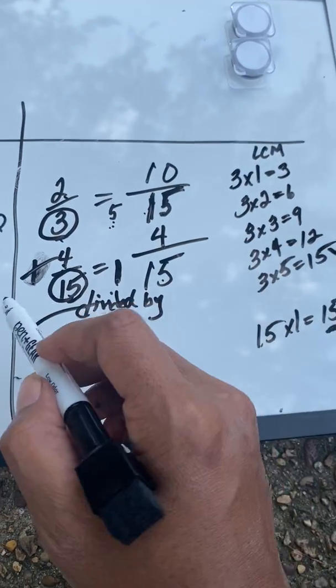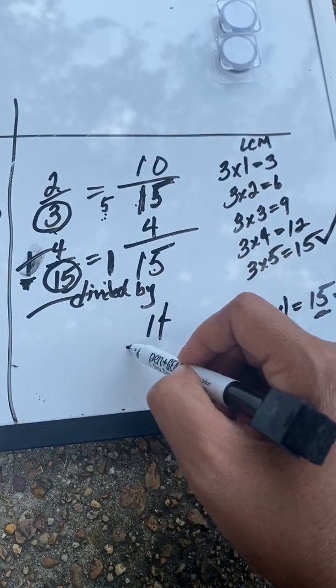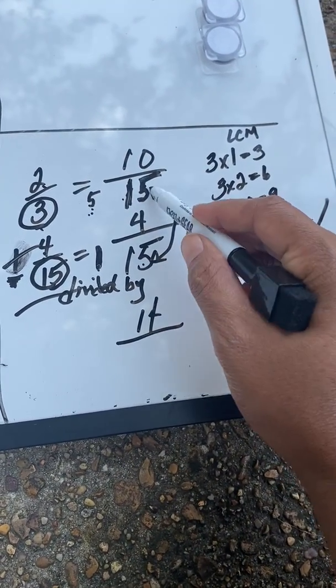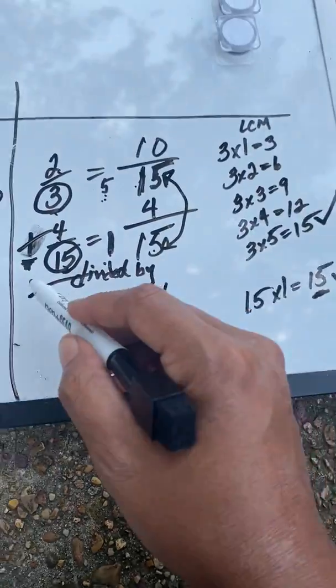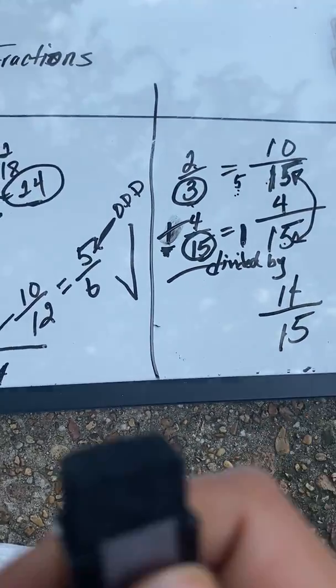Okay, so now I'm ready to solve. Remember, I'm adding. So 10 plus 4 is 14. The denominator stays the same, 15, because we are adding.